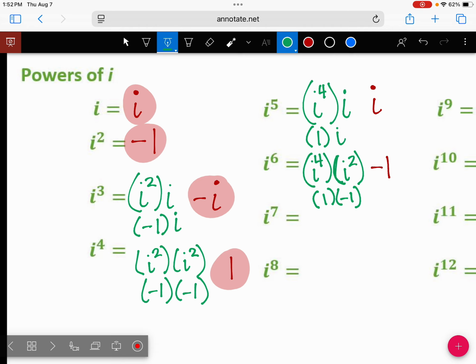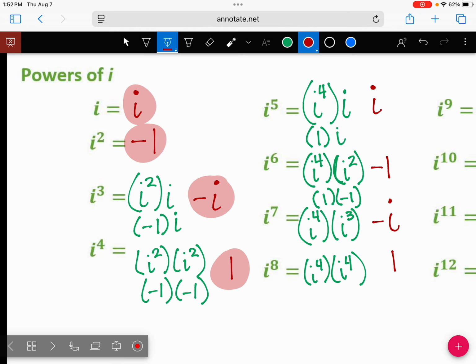i to the power of 7 is i to the 4th times i to the 3rd. i to the 4th is 1. And what did we say i to the power of 3 was? -i. i to the 8th is i to the 4th times i to the 4th, which is 1 times 1, which is 1.